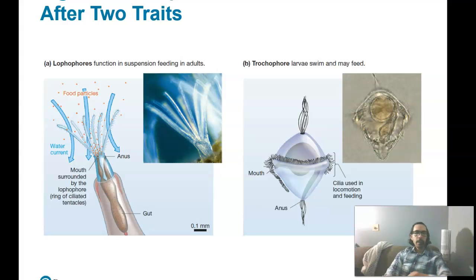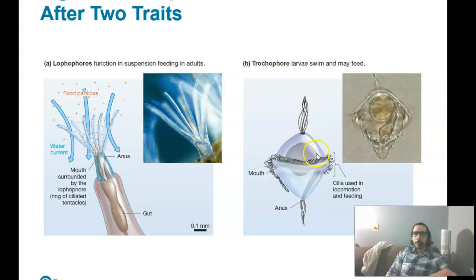So here you can see the lophophores, and you can see the tentacles that are surrounding the mouth. Okay, and these tentacles also have cilia on their surface. Okay, so they're used mainly for suspension feeding.